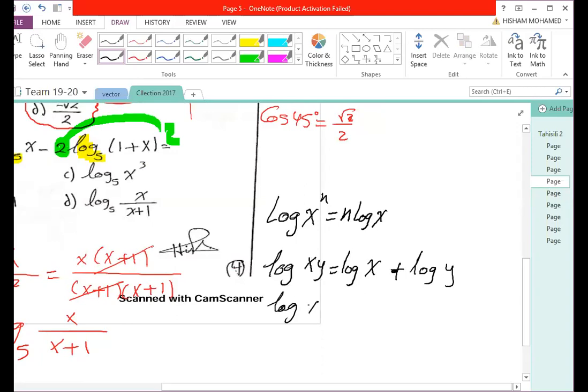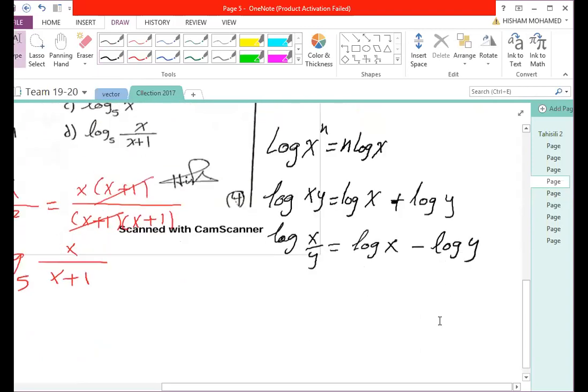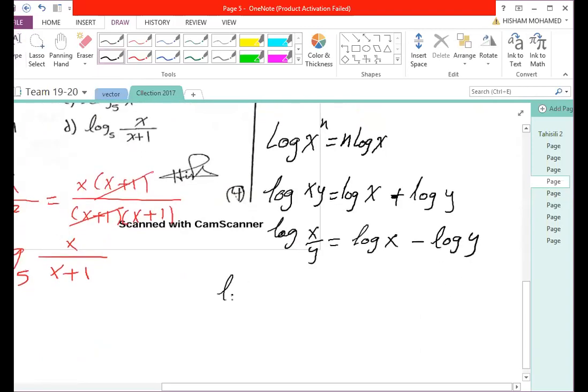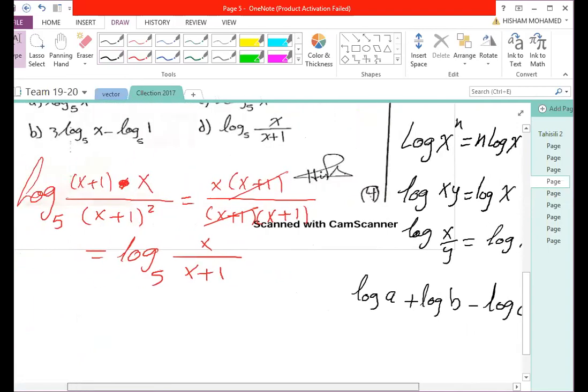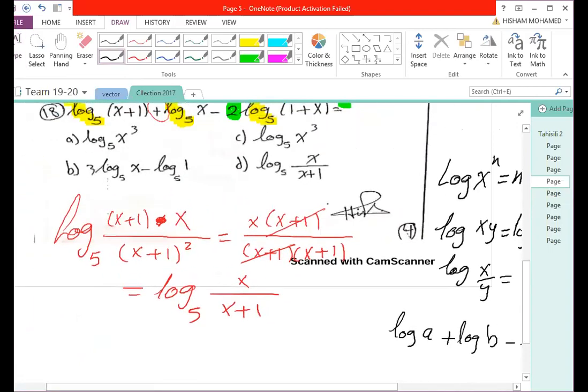And log of x over y is the same as log x minus log y. So in the case of log a plus log b minus log c, you can write it as log of ab divided by c. So the answer to this question is D.